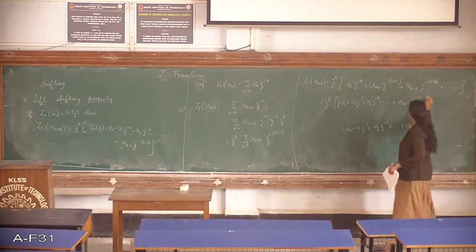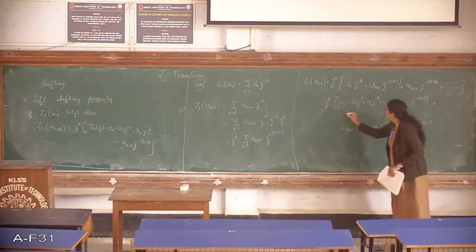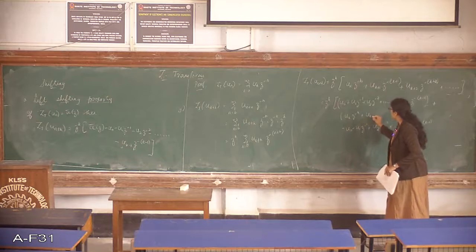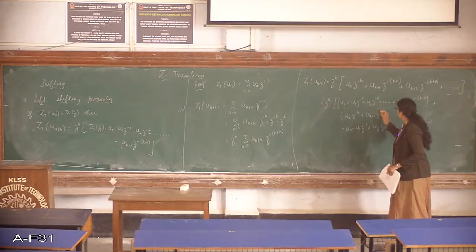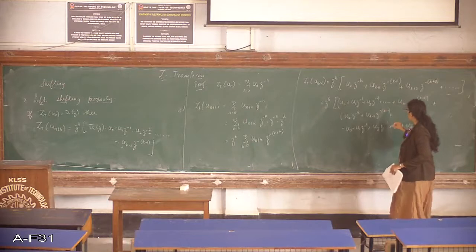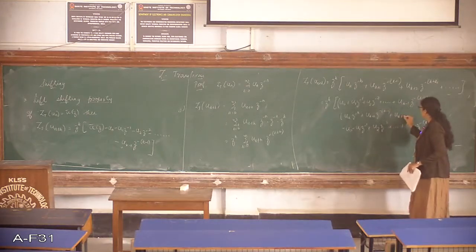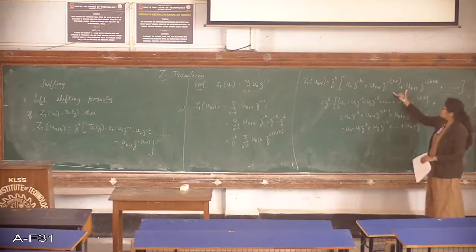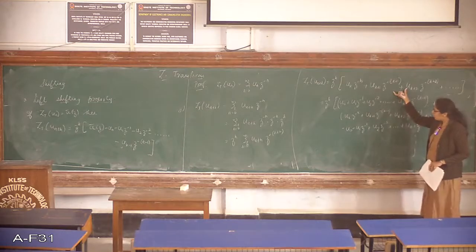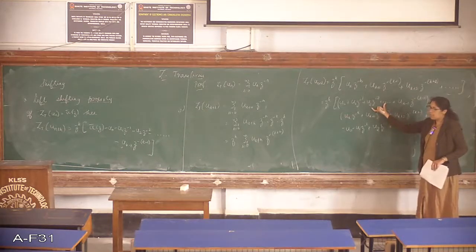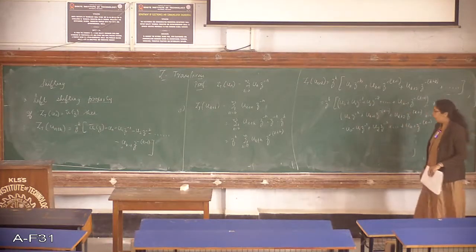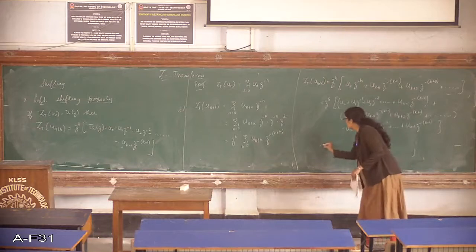So the terms which were there were u_k z raised to minus k plus u_{k+1} z raised to minus (k+1) plus u_{k+2} z raised to minus (k+2) plus it goes on, right? So for whatever terms were there in the previous step, I have added a few terms and subtracted the same terms. So basically it is not going to change the given equation or the terms.